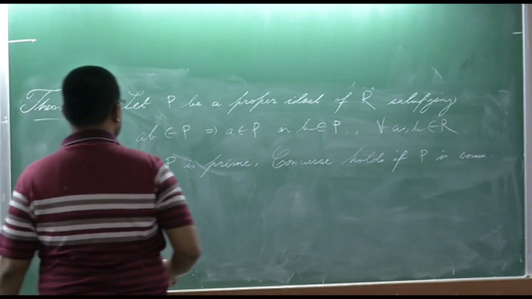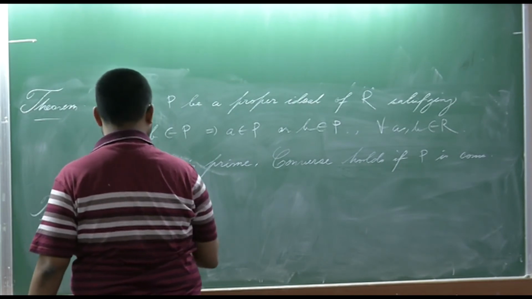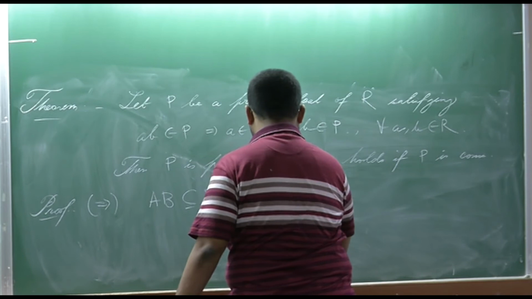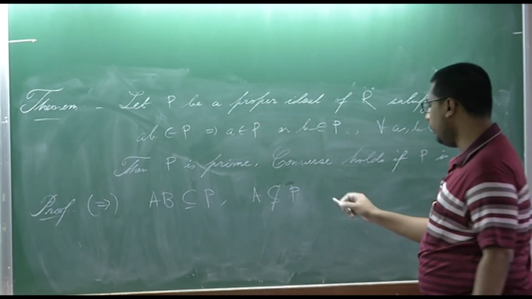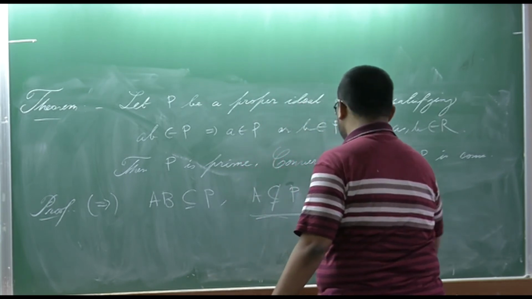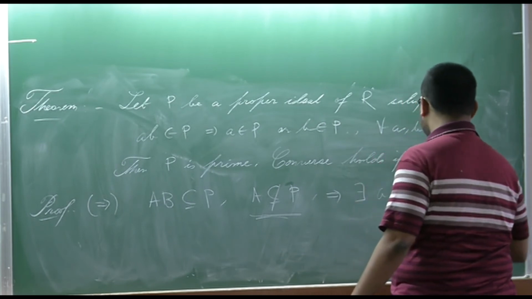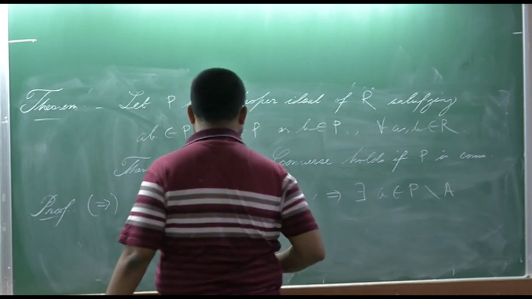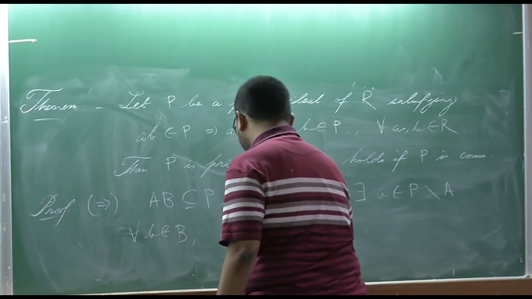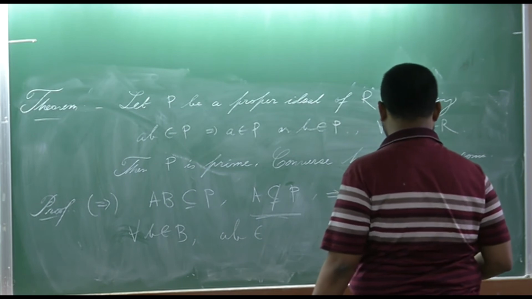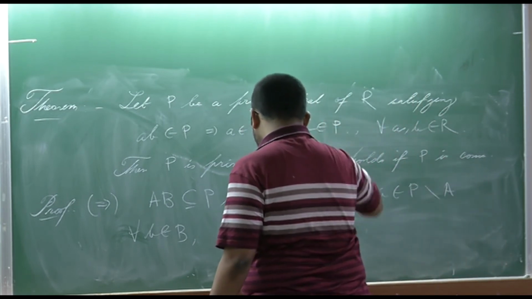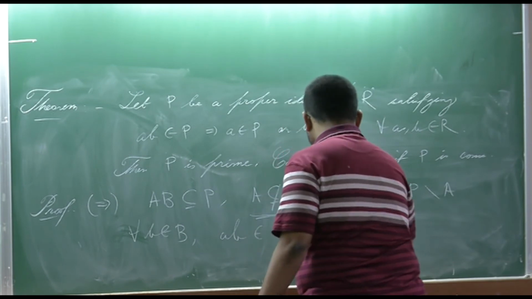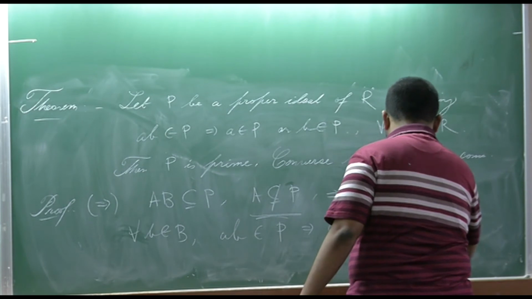So, we have to show that P is prime. Assume that for two ideals A and B, AB lies in P, and also assume that A is not contained inside P. We have to show P contains B. In view of this, there exists a in A which is outside P. Now, for any b in B, we look at ab. ab of course lies in P, and this forces either a will be in P or b will be in P, but this does not happen.